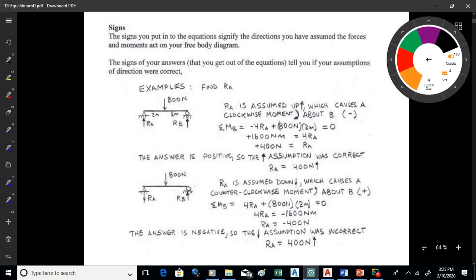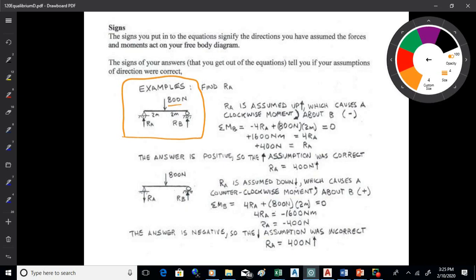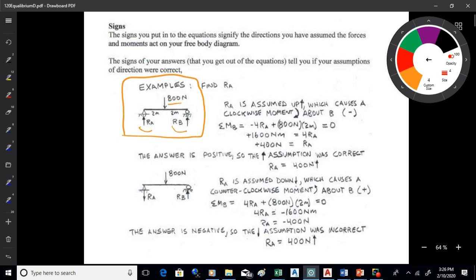Here's just a quick example, and we'll touch on this more when we're actually running numbers. Here's a beam, 800 Newton force right in the middle. I assume both of the reactions are up. So I assume that RA is up.